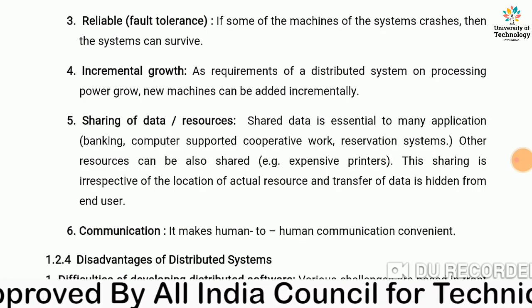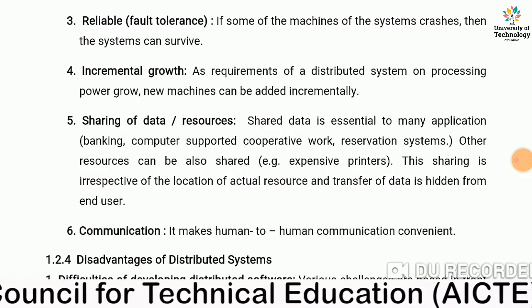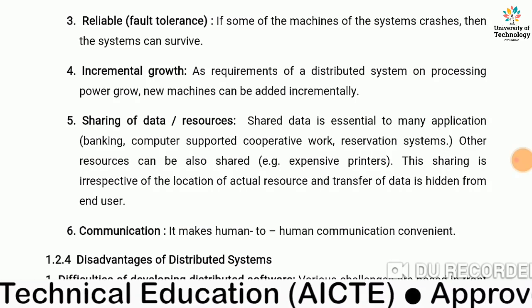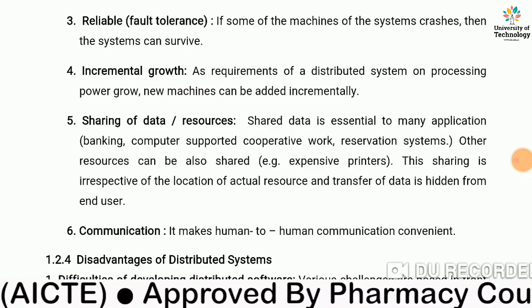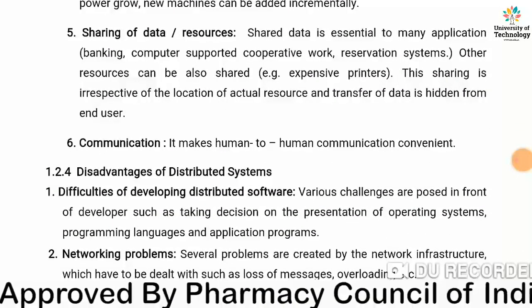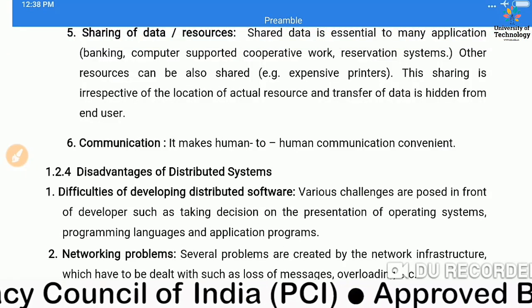If some of the machines of the system crash, the system can survive. Next, incremental growth. As the requirements of a distributed system for processing power grow, new machines can be added incrementally. Next, sharing of data and resources.